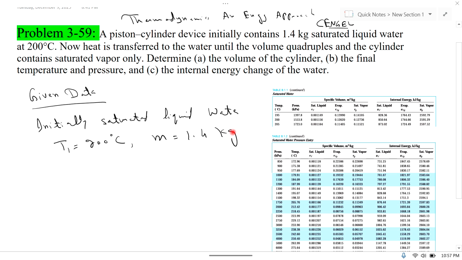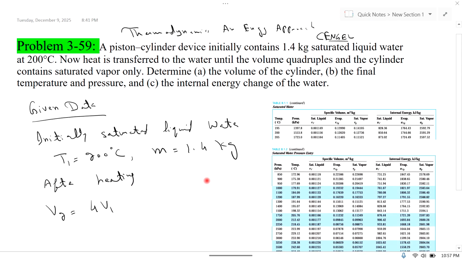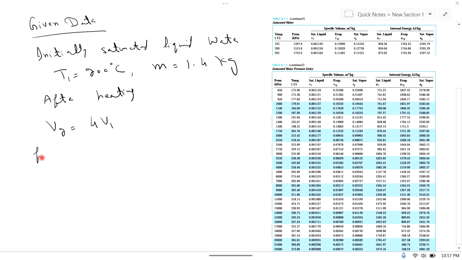Now heat is transferred to the water until the water volume quadruples, meaning the volume becomes 4 times. So after heating, V2 becomes 4 times V1, and the cylinder contains saturated vapor only.